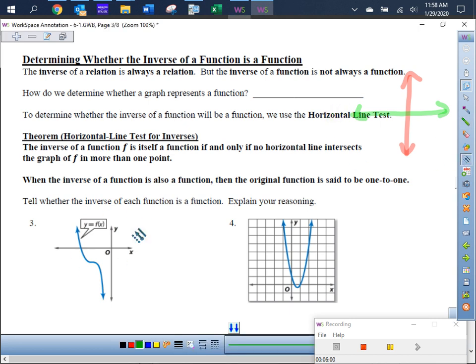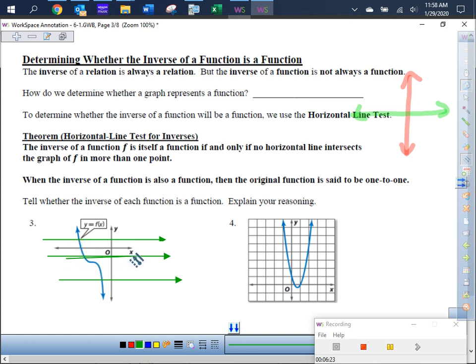So they want to know if this one's inverse is a function. If we do the horizontal line test, if you touch in one place, that's okay. If you touch in more than one place, that's not okay. So you have to just test some out. You can draw them if you want to. You don't have to. So far, so good. The weird part is this little inflection point here, the little twisting zone.